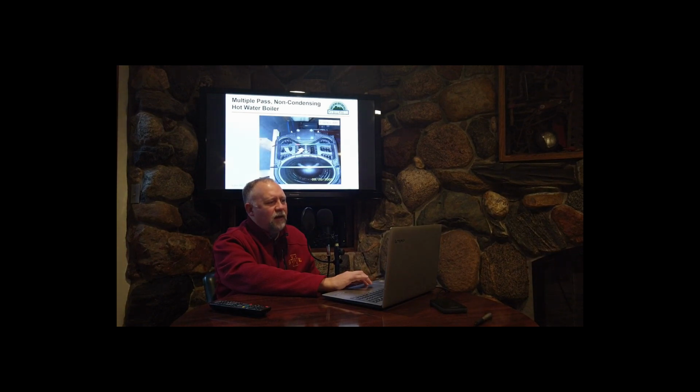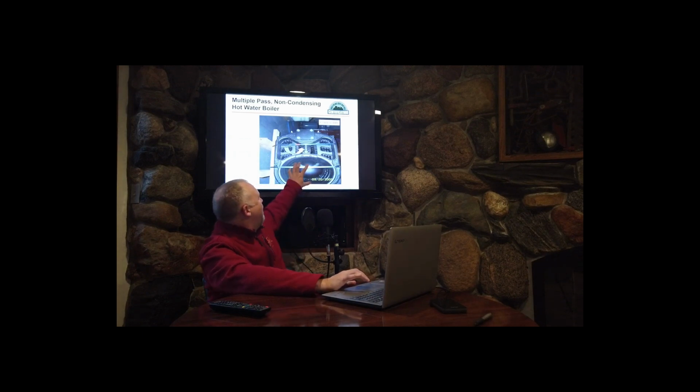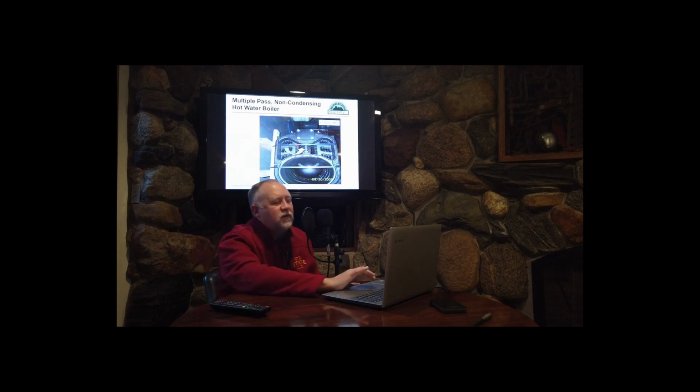All right. Here's just like a picture if you're looking down on the top. This is a non-condensing hot water boiler. Have the fire here in the center. It conducts energy through these heat exchangers, and we have the water on the other side of these that goes through these coils.